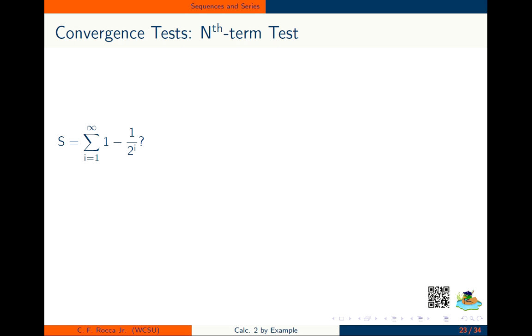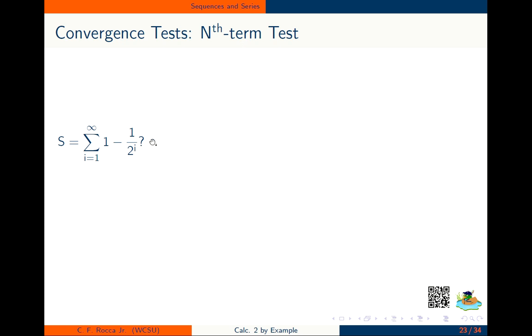Here we're using tests which won't tell us what a series converges to, but instead just tell us if it converges or diverges, without telling us what it converges to. Okay. So the first example is called the nth term test.